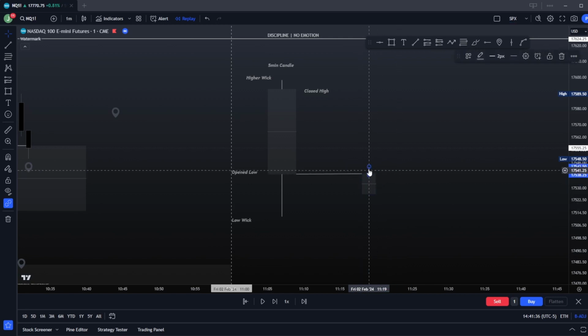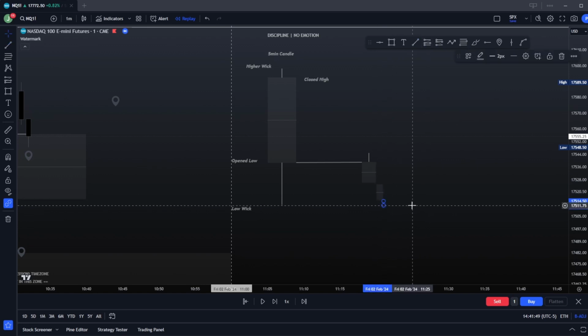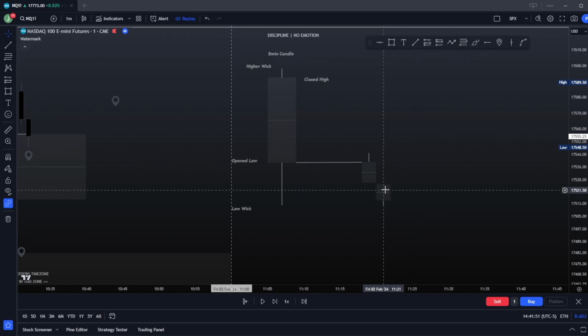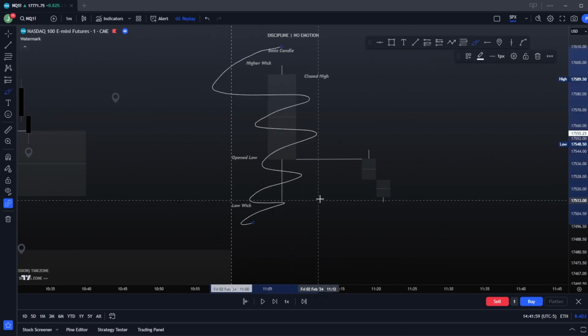And you'll see price might continue down at first. Now you wouldn't disregard looking at this right now. Just focus on the lower time frame that I'm drawing.